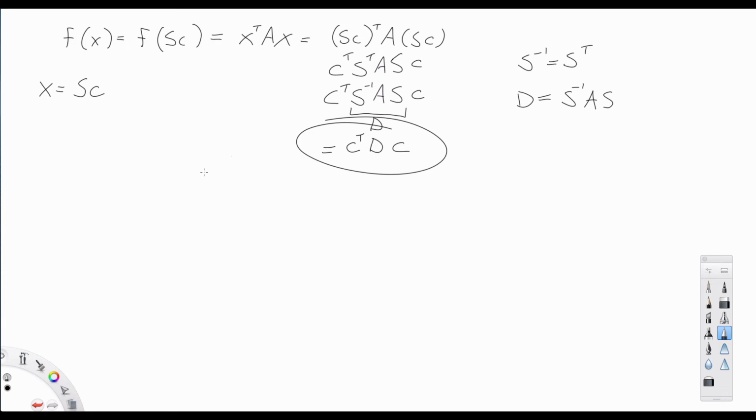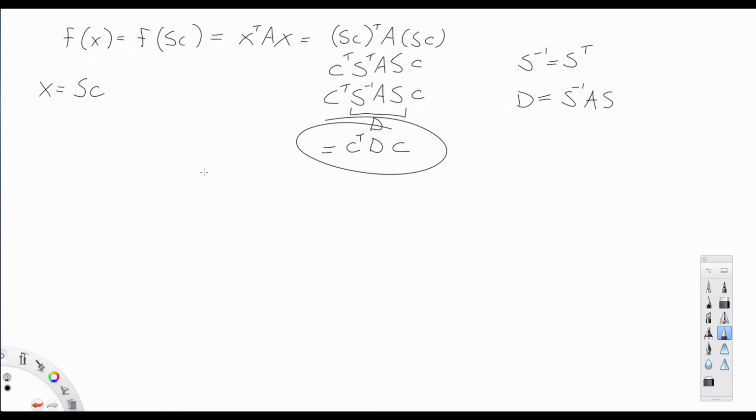This is an important result, and it is actually going to provide some deep insight into the nature of the shape of quadratic functions in terms of eigenvalues and eigenvectors.